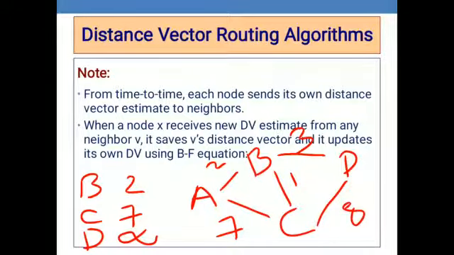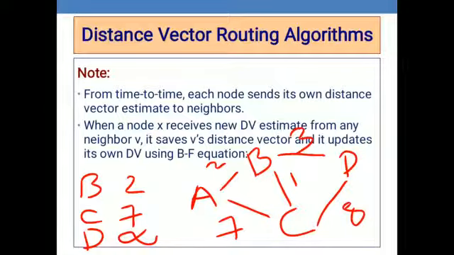In the distance vector routing algorithm, each and every node knows the information about all the other nodes in that particular network, so we need to maintain the distance for each and every node.